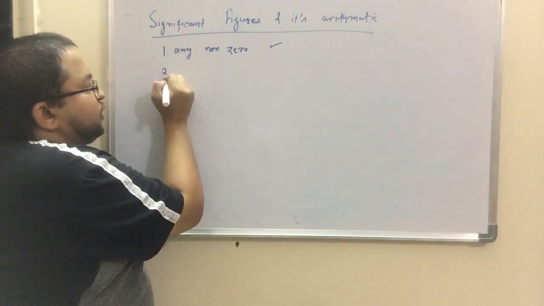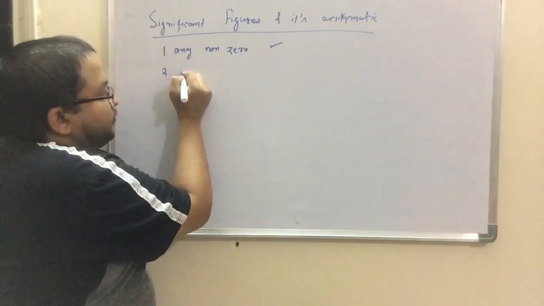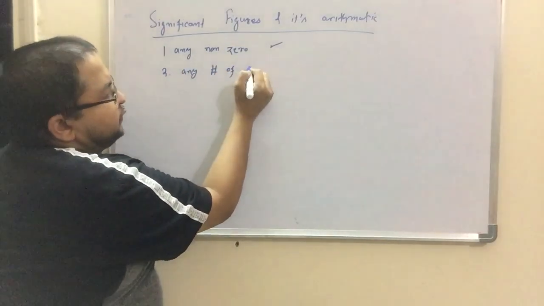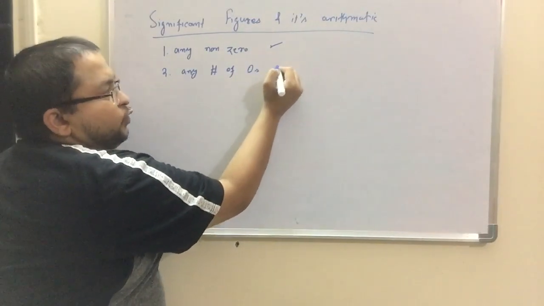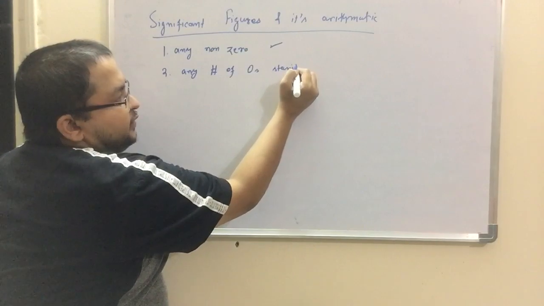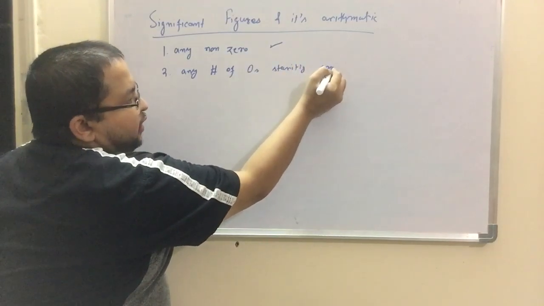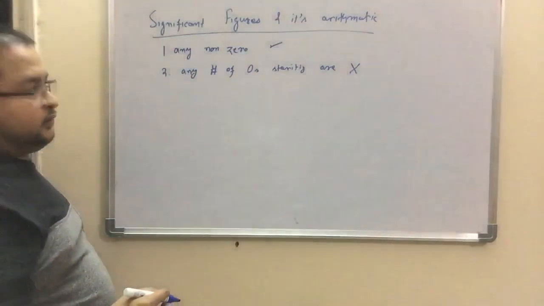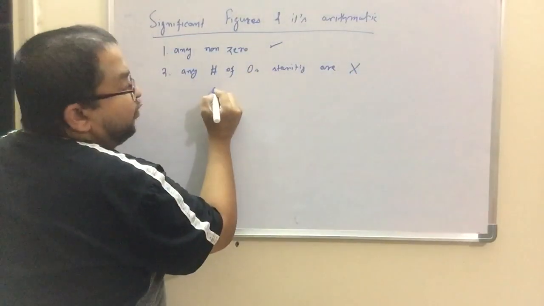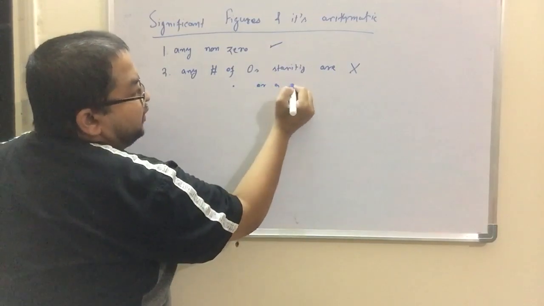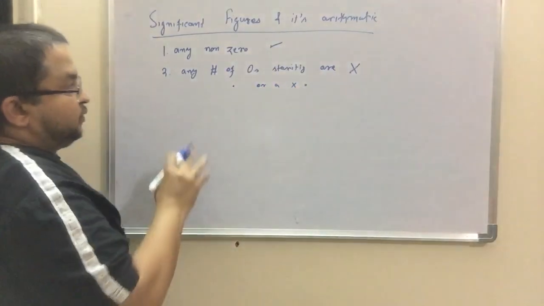Okay. Rule number 2, any number of zeros towards the starting of a number are insignificant, whether or not it's a decimal number or a non-decimal number.